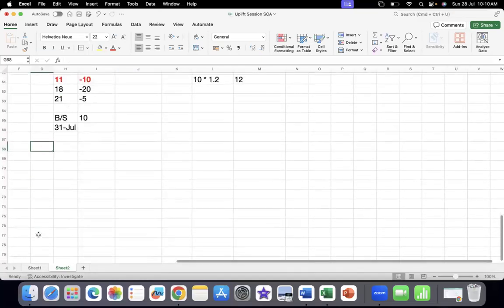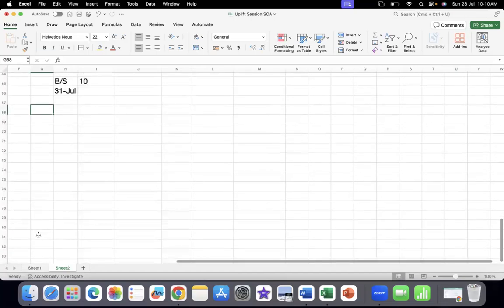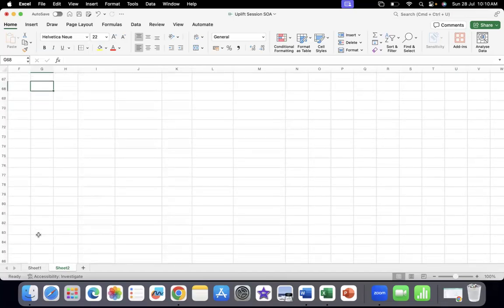But once you do this method of valuation, or methods to calculate your inventory balances, there is something called balance sheet valuation. So, inventory on the balance sheet date.